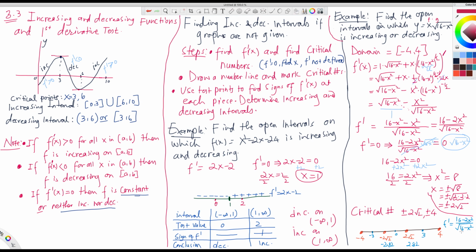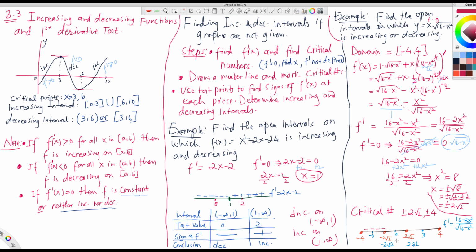On the bottom, 16 minus the square of negative 3, which is positive 9. So 16 minus 9 is 7. So you will get a positive sign on the bottom and negative sign on the top. Negative over positive will be negative. In this piece it will be negative, so it is a decreasing piece.